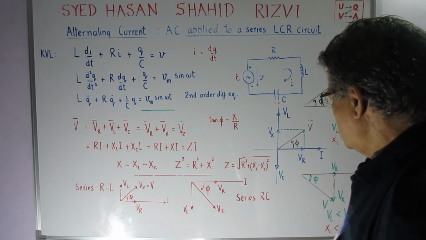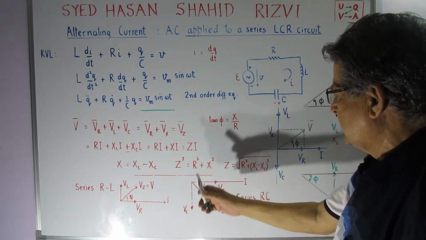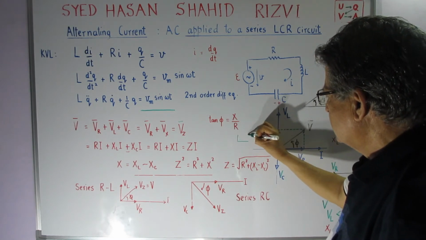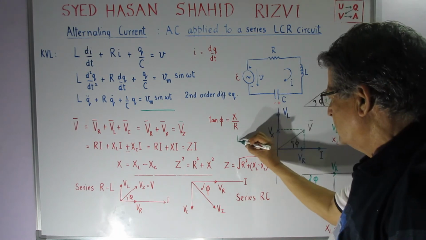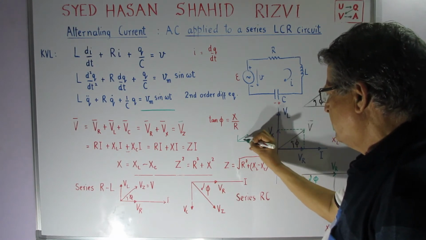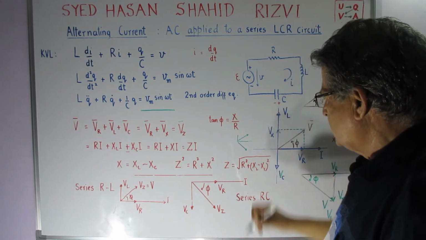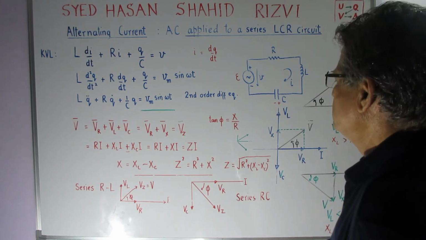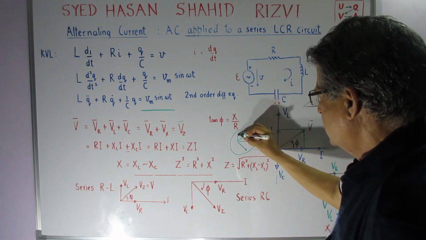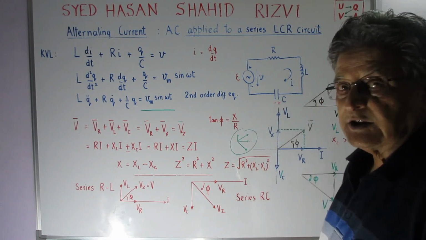But if we draw a diagram like this, of R, X and Z, R like this for example, X like this, and Z here, Z like this, showing that Z is leading the current I by phi, R is lagging behind the current by another value of phi, as the case may be, then we have to understand and bear in mind that these are not rotating phasors.